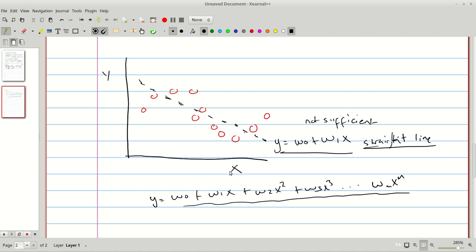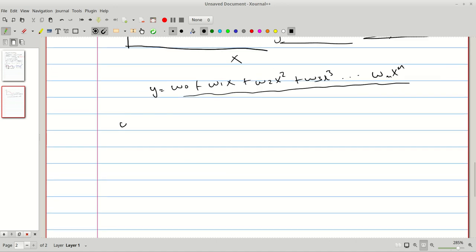So let's rewrite this again. We said y, which is a function of x and w, equals w0 plus w1x plus w2x squared plus up to wm x to the power m, right?